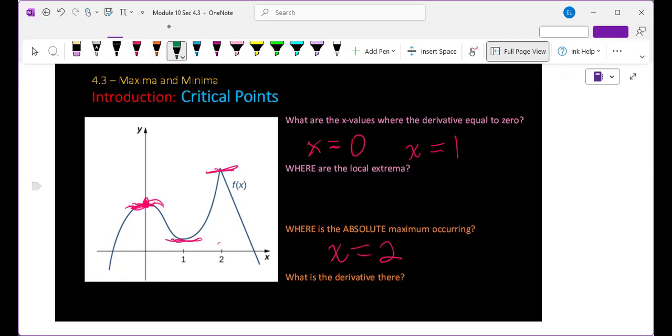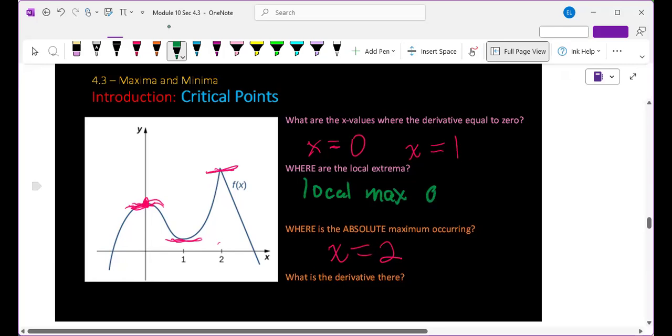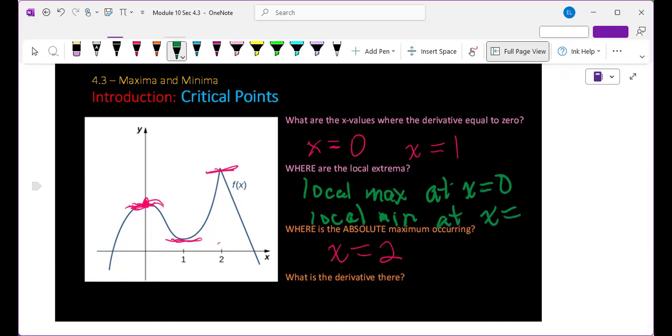So here, let me. Local max at x equals 0. Local min at x equals 1. The absolute max is at x equals 2.